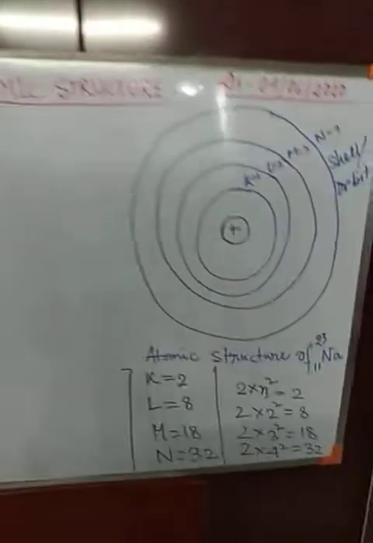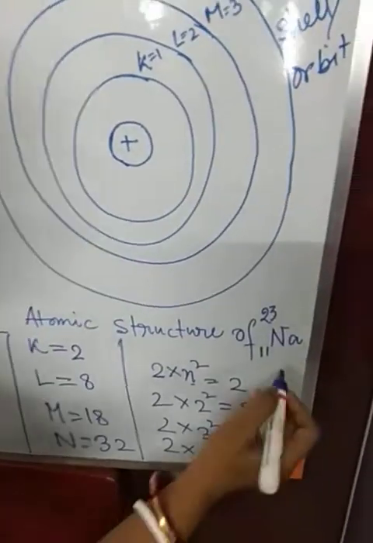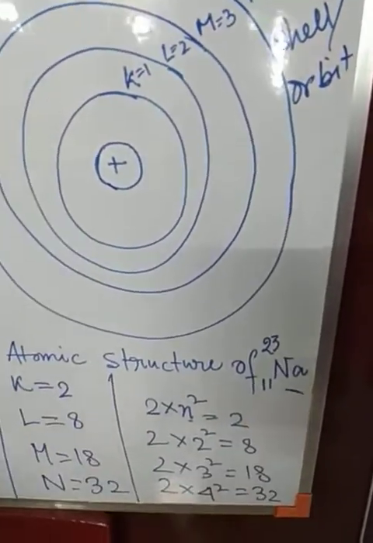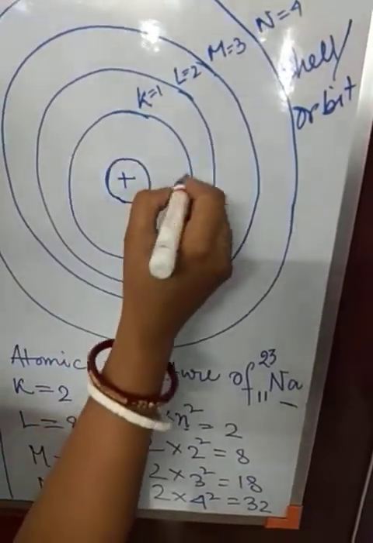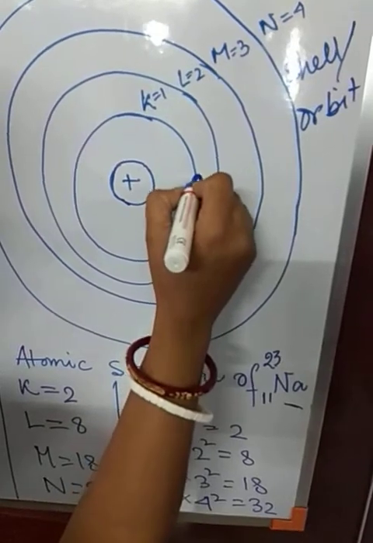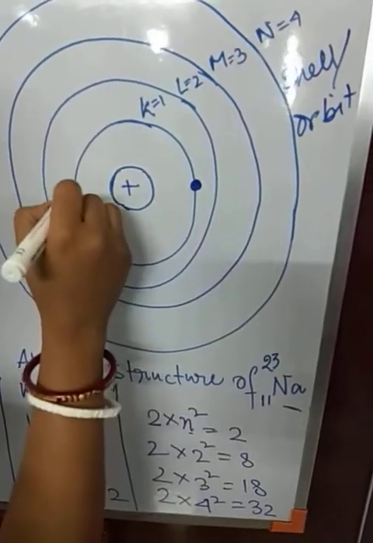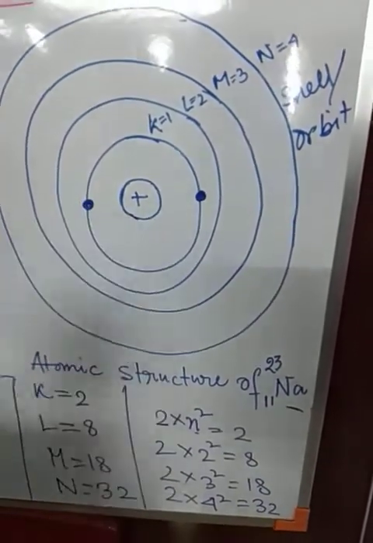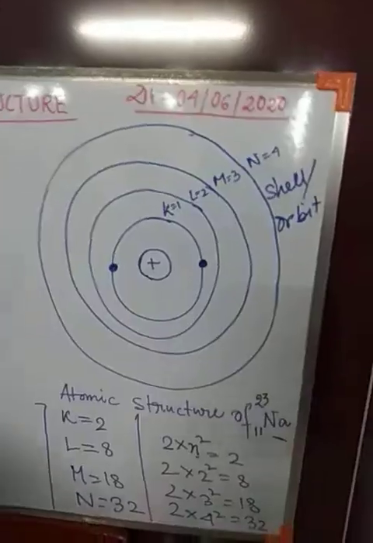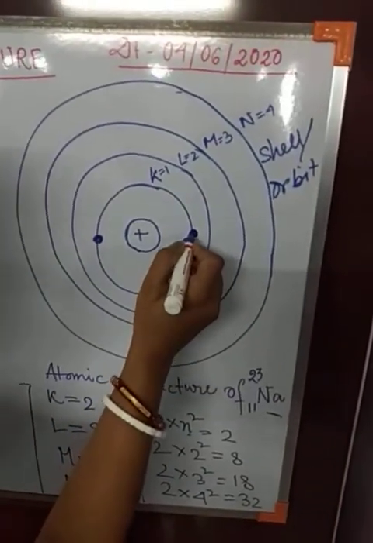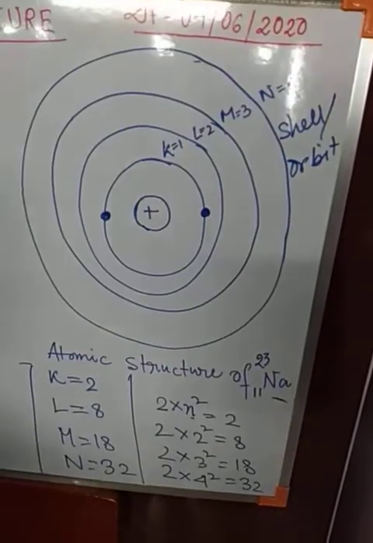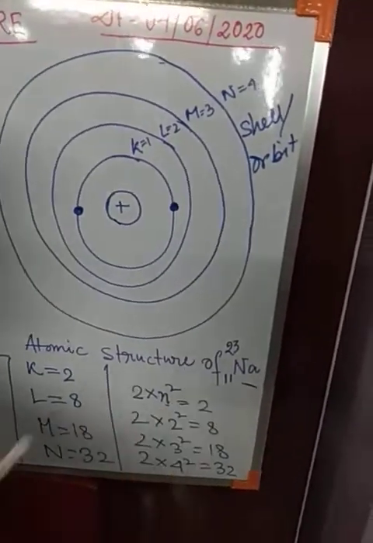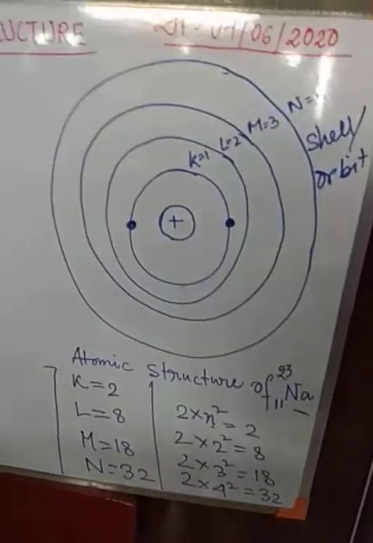And now for sodium, what will be the arrangement of electrons in the shells? In the first shell, a maximum of 2 electrons can reside. So let us draw 2 electrons. Next, 9 more electrons are there for sodium.